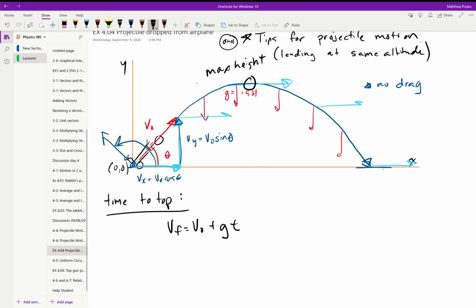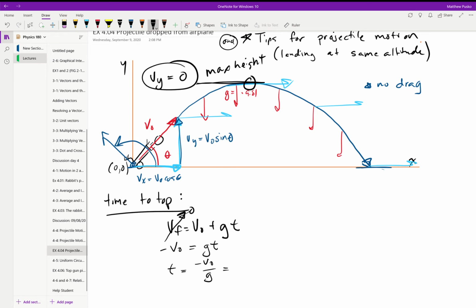We need to know that at the top right here, the velocity in the y direction is 0. So we say V final is 0. Now when I rearrange it, negative V0 is equal to g times t, and t is equal to negative V0 over g.